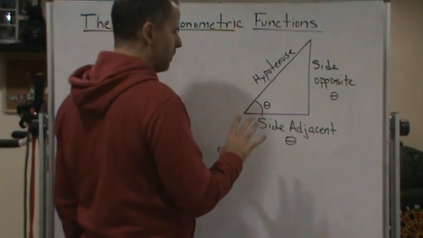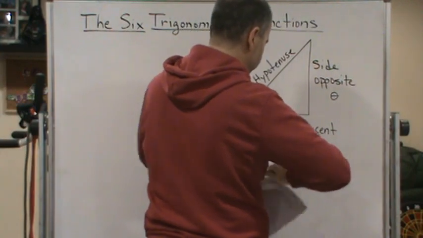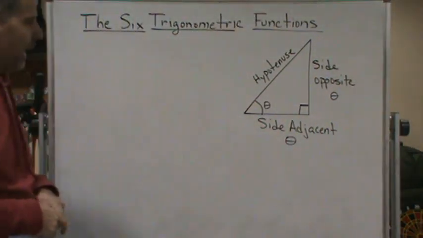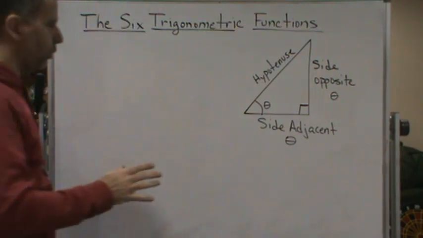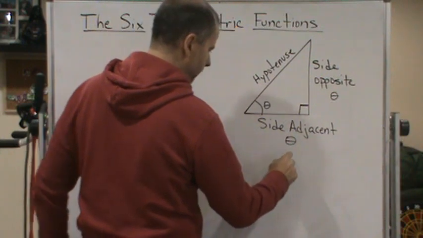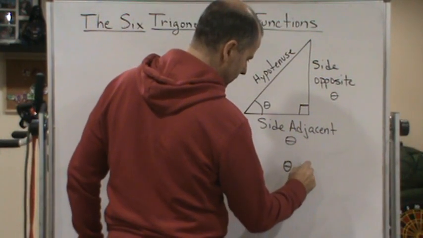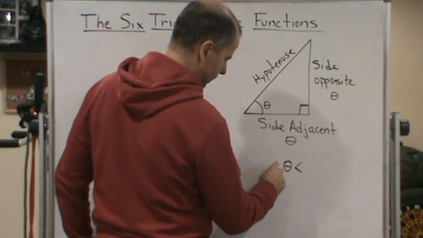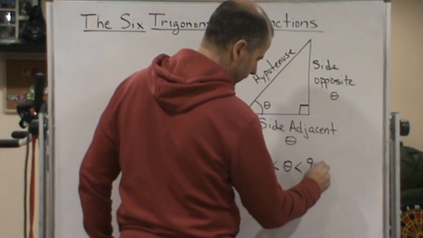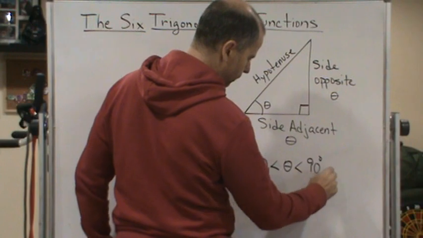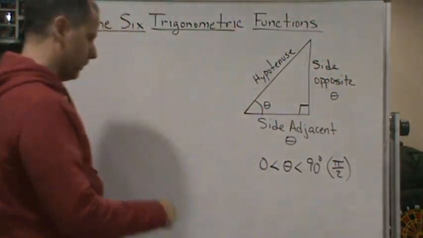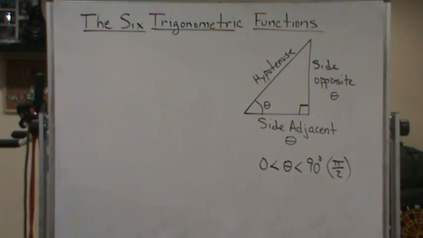But from the perspective of a right triangle, we have an acute angle, right? So in this case, theta is between 0 and 90 degrees, or pi over 2, if you're talking about radians.